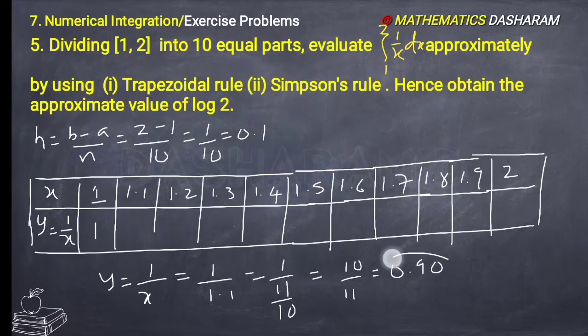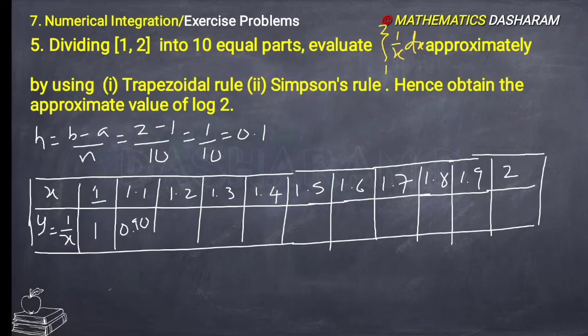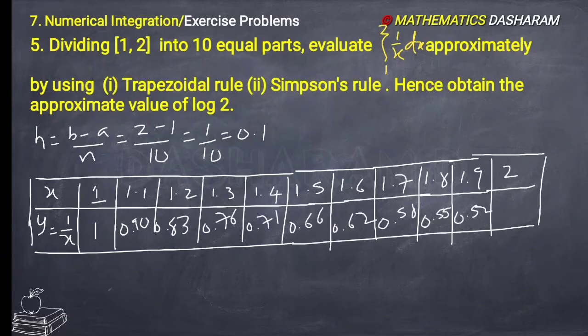I am taking the approximate answer up to 2 decimal places. So here 0.90. Similarly, x value 1.2, then its y value is 0.83. And the last one, when x value is 2, then y value is 0.5.